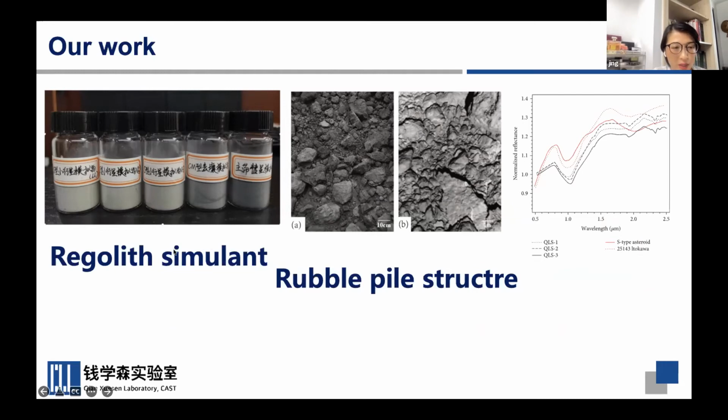We have developed a series of simulants, including the S-type, C-type, main-belt comet, and we have also created a rubble structure in the lab to test the hardware and also the remote sensing instruments like a camera, reflectance and spectrometry and so on.